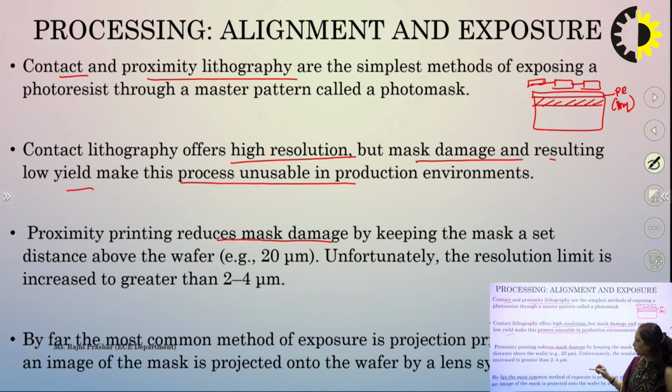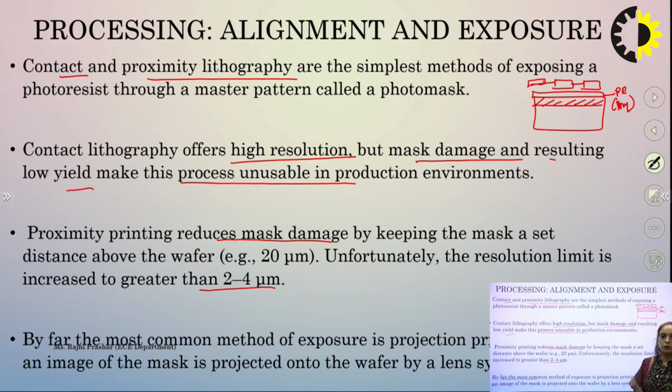So it will reduce the resolution, and unfortunately this resolution limit is increased to greater than 2 to 4 micrometers, right? In contact printing, your mask will be damaged, and we are not going to use that mask for further processes. But in proximity printing, we may have less resolution, but the mask can be used n number of times, because it will not be damaged. By far the most common method of exposure is projection printing.